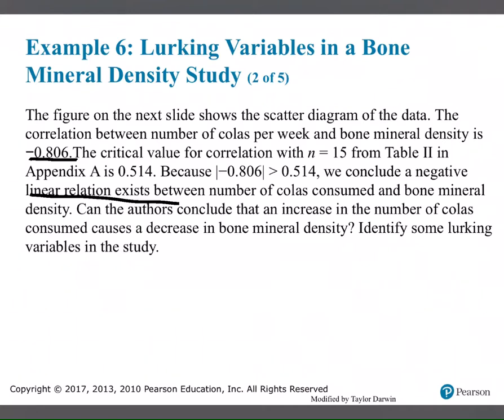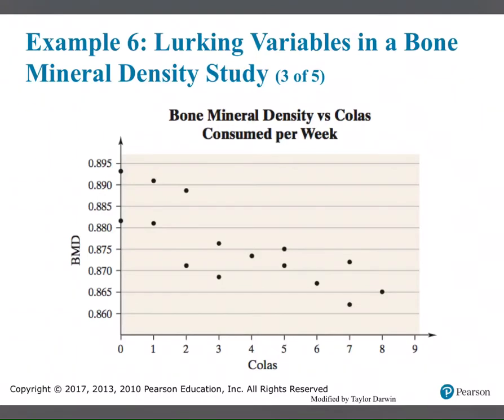Think about possibly some other things other than cola that could affect bone mineral density. Here's a scatter plot if you want to see it. It does look like there's a nice relationship going on. It's going down, it's got a negative relationship. So as you consume cola, your bone mineral density goes down.